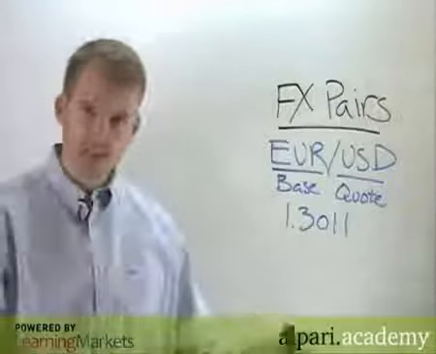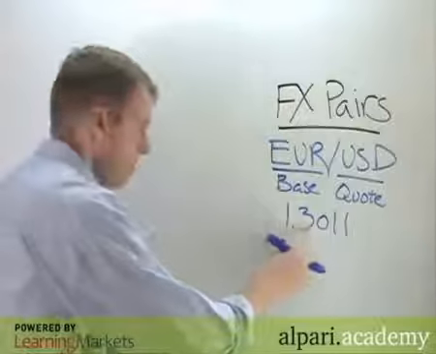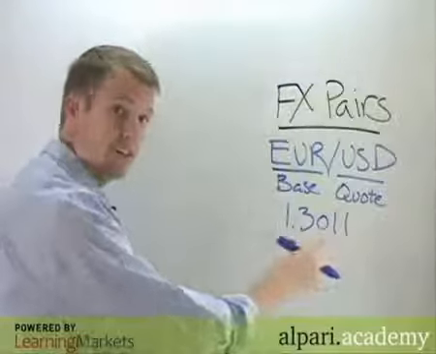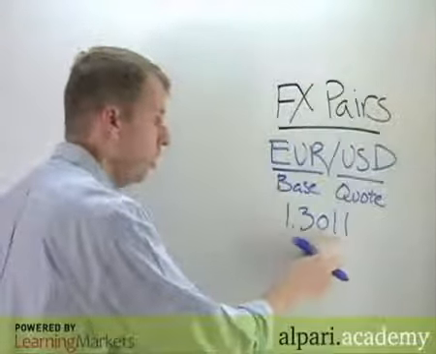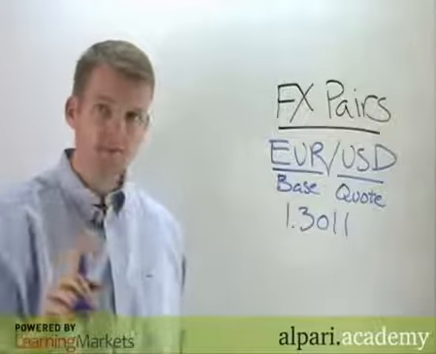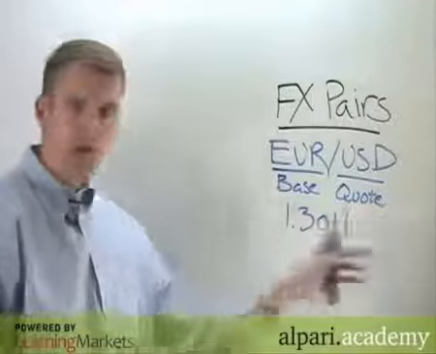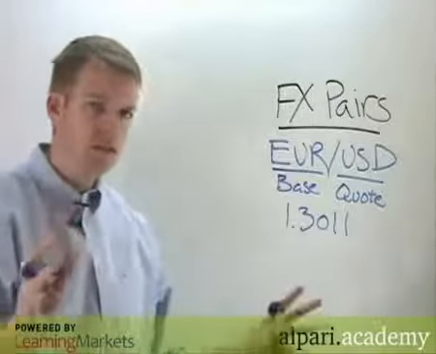What that means is that currently it costs $1.3011 to buy 1 euro. No matter what currency pair you're looking at, they all work like this. So this is one way to keep this straight.